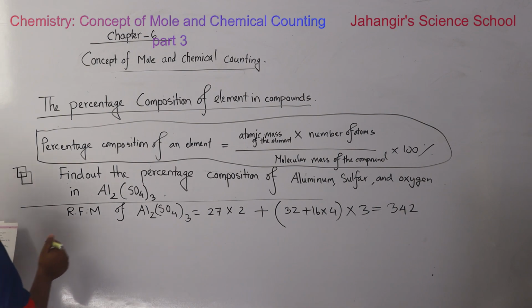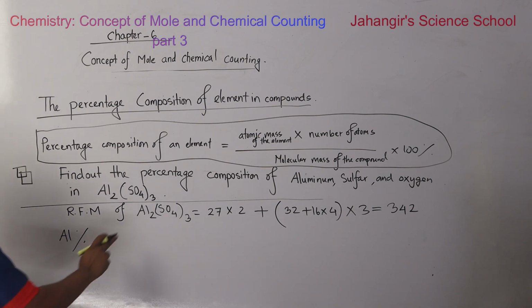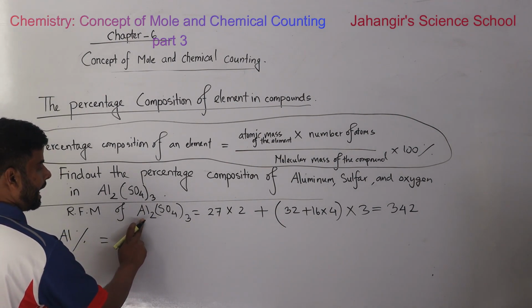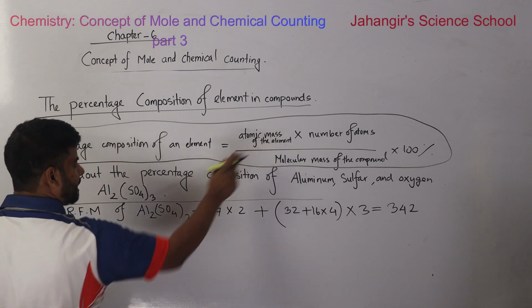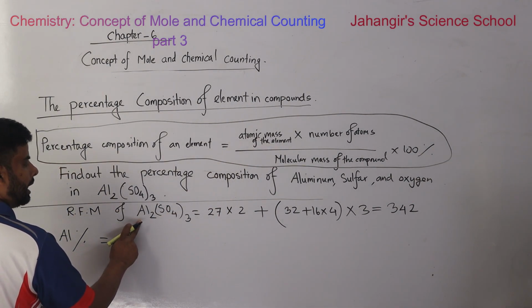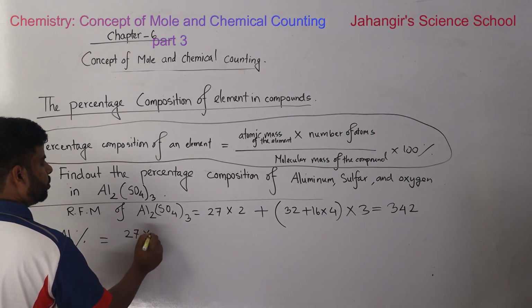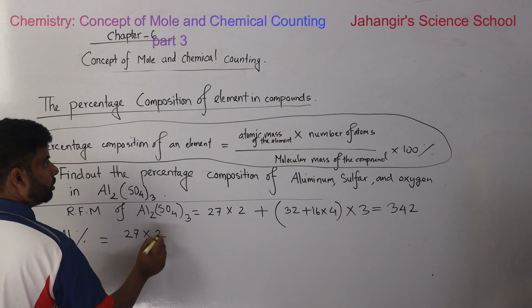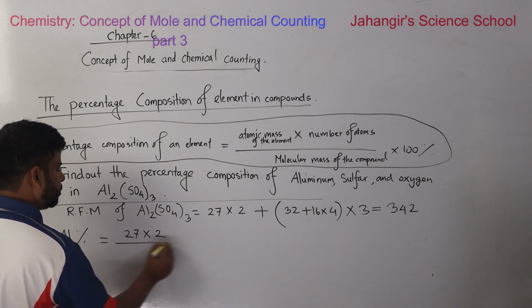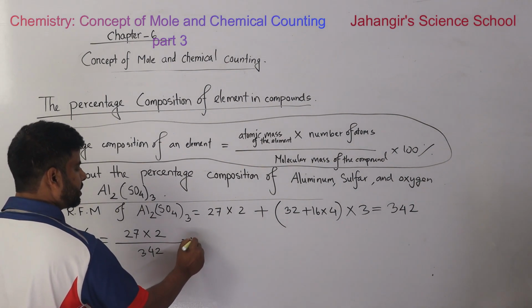So the percentage composition of aluminium equals the atomic mass of aluminium, 27, times the number of atoms, 2, divided by 342, times 100%.